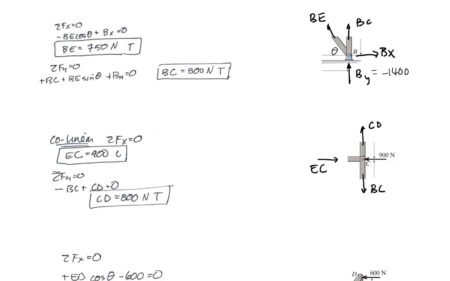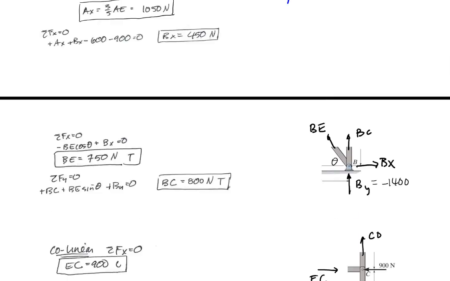I drew it as a tension member, I solved for it as a tension member, and I got a positive number. Sum of the forces in the y: I have BC plus BE sine theta plus BY. BY I already know to be a negative number. Solving those, because now I know BE, plug it into here, and I can see that BC is also a tension member, positive.